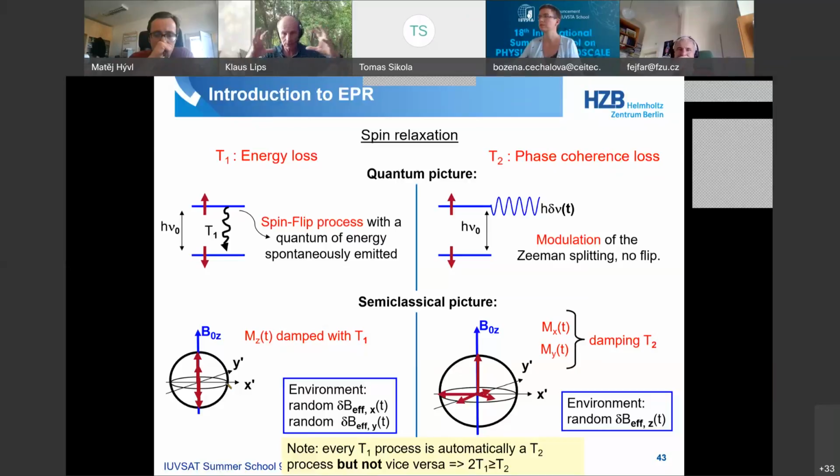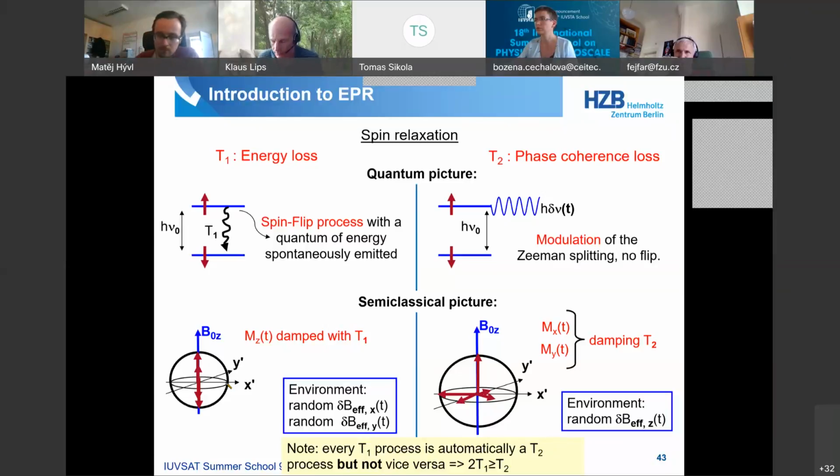So if we have phonons, this whole lattice is shaking, then maybe some modulation of the spin-orbit coupling will induce the right frequency, and then there's a certain probability that that spin will relax. And this is called an energy loss, an energy relaxation. That's called a T1 process. So that's a very important process. It's related with damping of the magnetization in the Z direction.